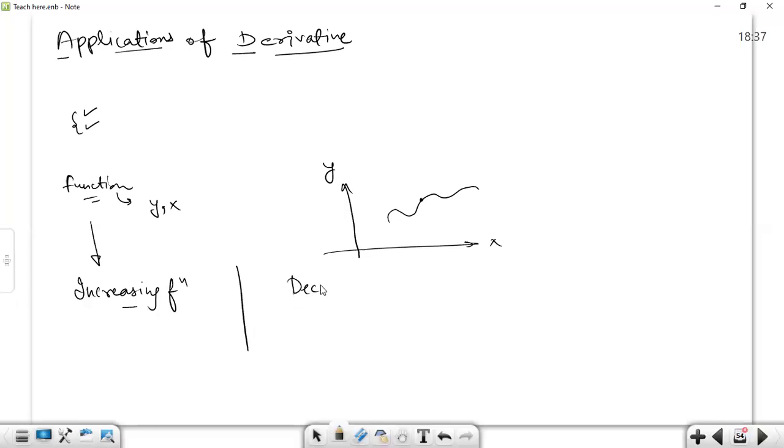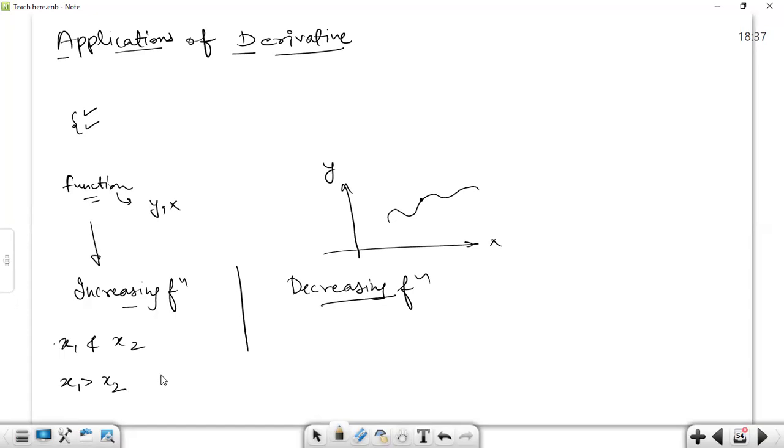increasing function and decreasing function. An increasing function is like, let's say there are two values of x, x1 and x2. Let us say x1 is greater than x2.